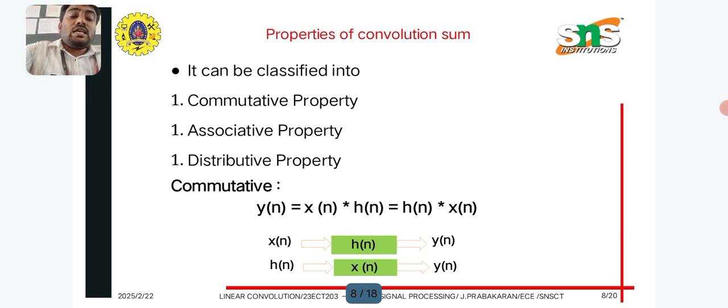The commutative property is y of n equal to x of n convolved with h of n, which is equal to h of n convolved with x of n. In one system the input is x of n and the output is y of n, and in the other the system input is h of n and the output is y of n.